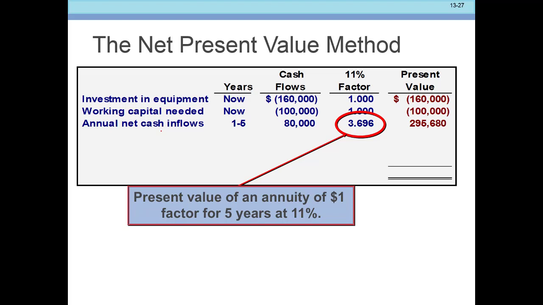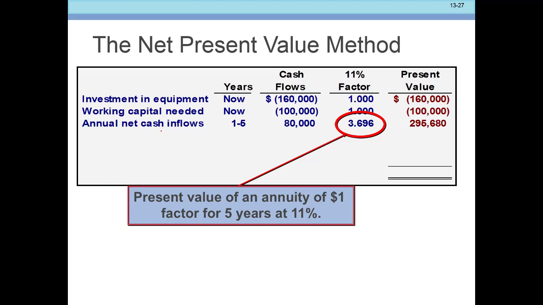So we need to go to a table that will give us this factor, and we go to the present value of the annuity factor for 5 years at 11%, and we see that factor in there. We multiply that by the 80,000, and that gives us the present value of those future cash flows of 80,000.